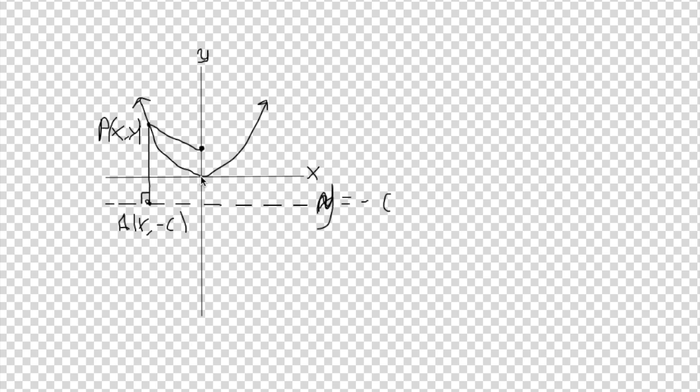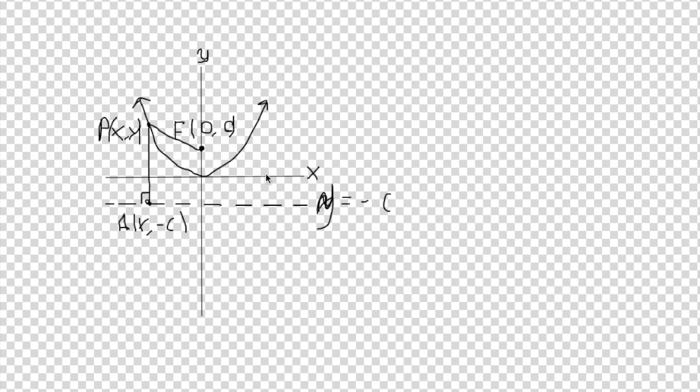Because the focus has to be equidistant from the vertex, just as the directrix is, we know it's going to have a coordinate of F. We label it F because of foci. Because it is on the y-axis, the x-coordinate is going to be 0, and the y-coordinate is going to be c. So there, you pretty much have it drawn out now.